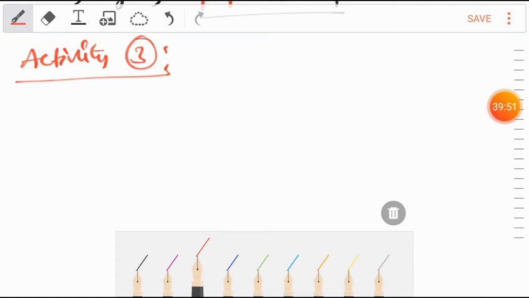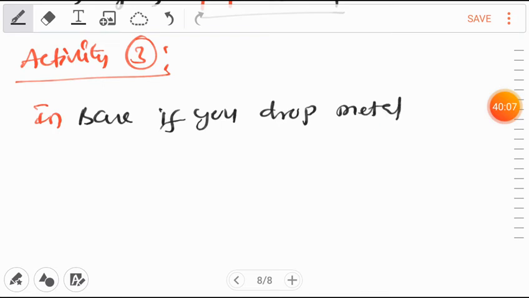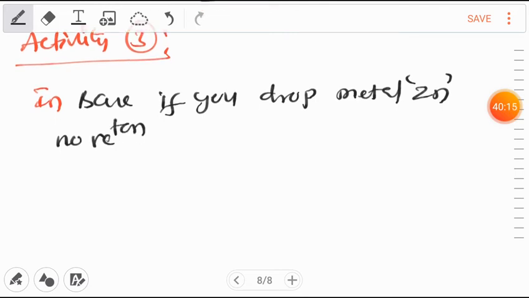That means if you drop metal in the base, what will happen? Here we took zinc, the same zinc, and there is no reaction.